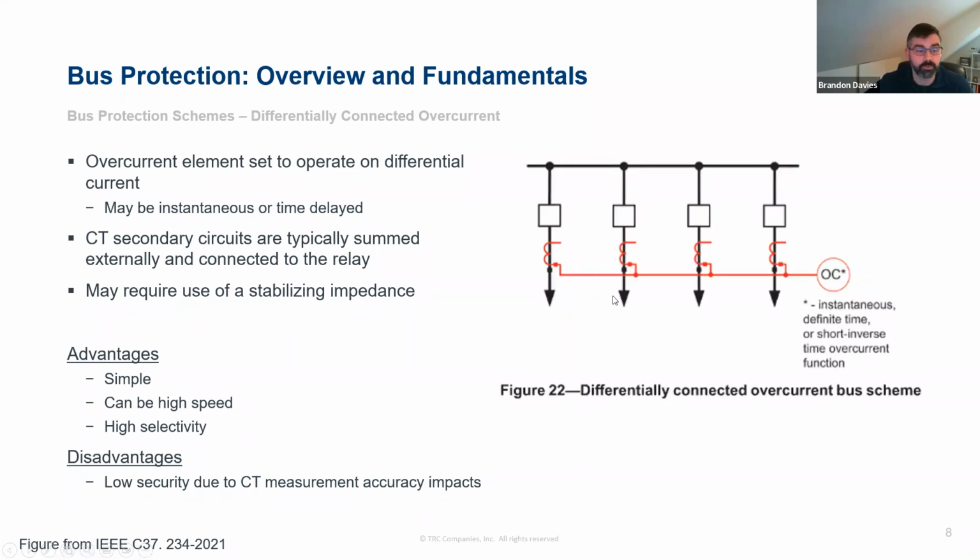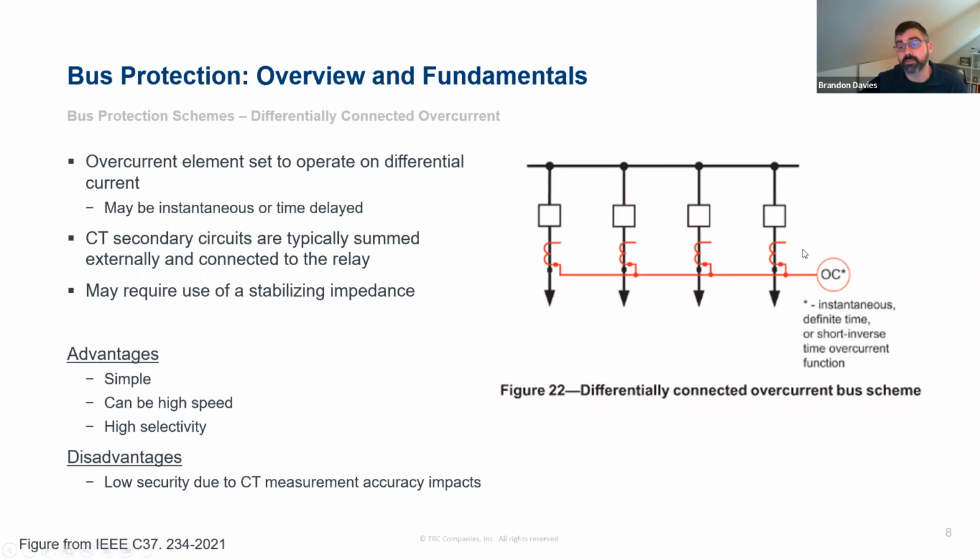The big disadvantage with this is the security impacts of CT measurement accuracy. So as I mentioned on the last slide, with your CT performance, as you get higher current going through the CTs, or you have a higher burden connected to the CTs, a larger impedance connected to the CT, it can cause the secondary current to no longer be proportional to the primary current.